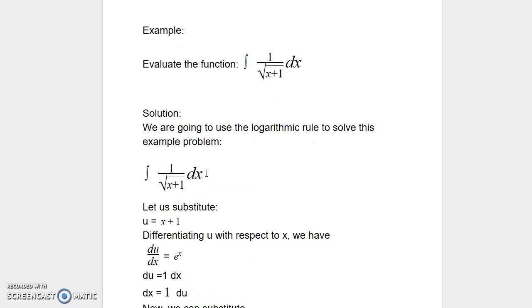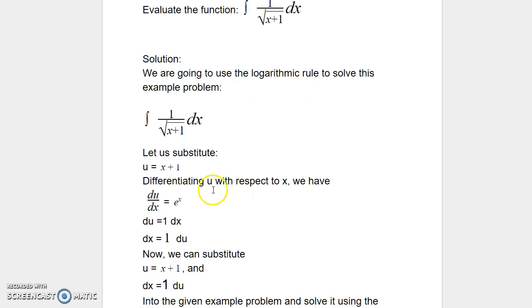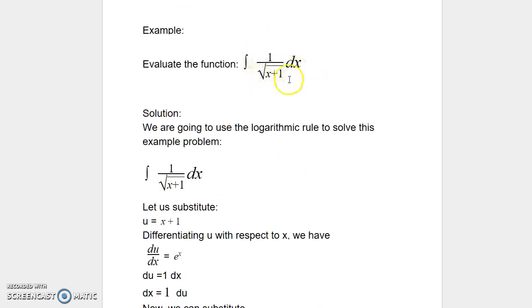Let's say we want to evaluate the integral of 1 over the square root of (x plus 1) dx. We're going to use the logarithmic rule to solve this example problem. So we're going to let u be equal to x plus 1. That is what is in the denominator without the radical term.